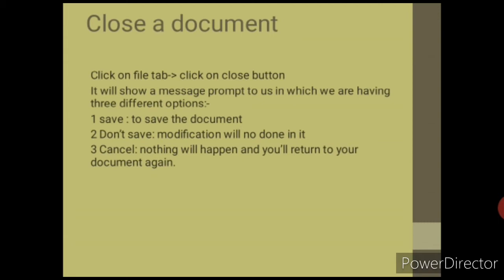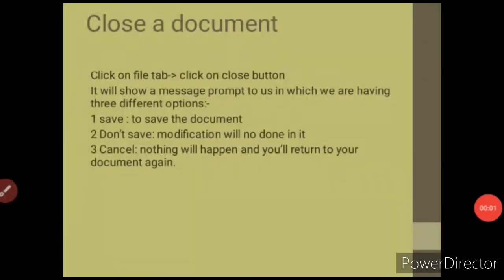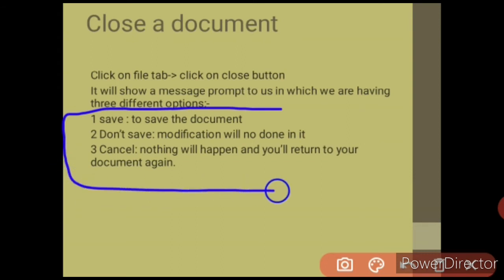You just have to click on that, and again you can see that the document will disappear. Okay, but when you want to close your document, you can see one basic dialog box will appear where we have three options, that is Save, Don't Save and Cancel. Save means it will give you the option to save your document.